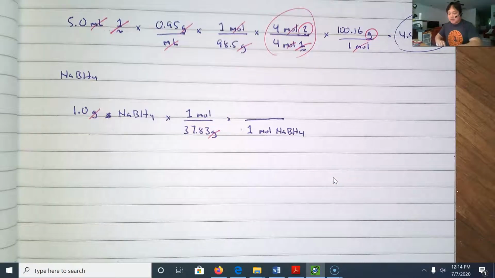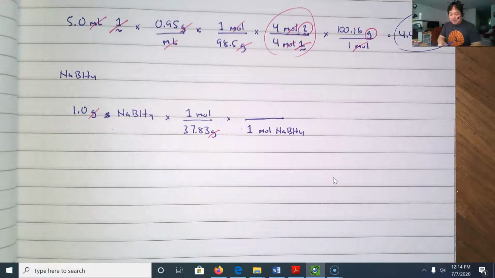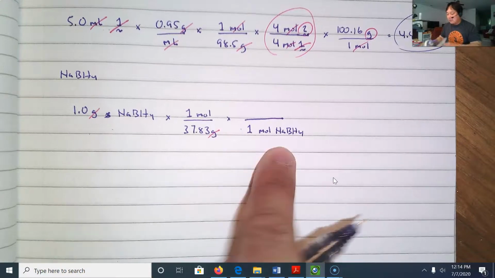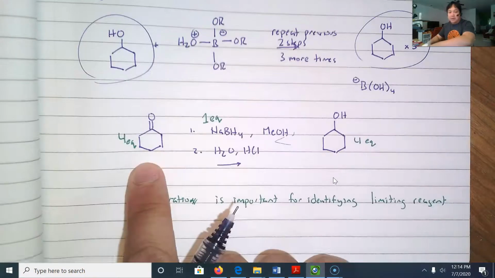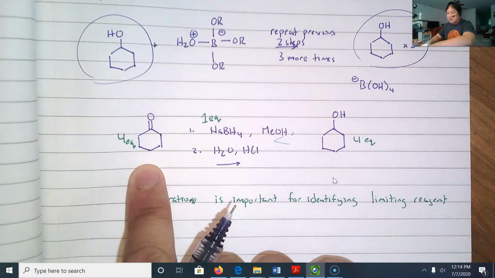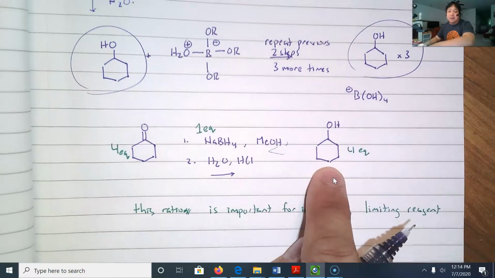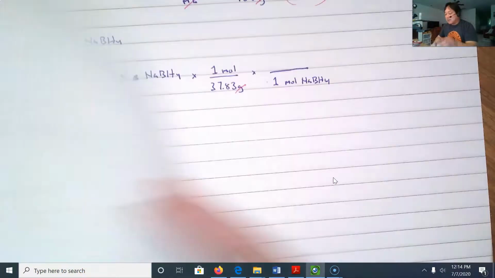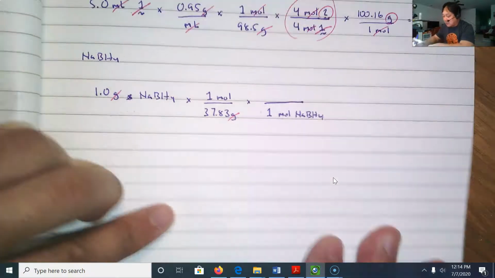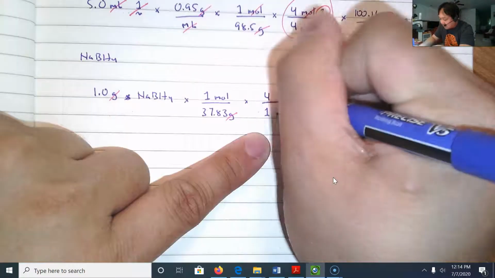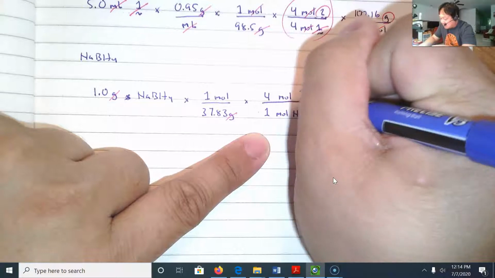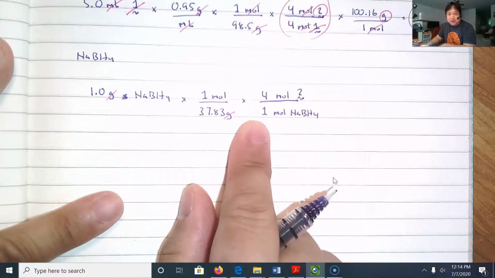What did we discover from the mechanism? 1 molecule of sodium borohydride can take care of 4 molecules of the starting material, and it will give me, more importantly, 4 molecules of the product. So that's where this mole bridge is so important, because you're making 4 moles of 2. You're going to multiply by 4.